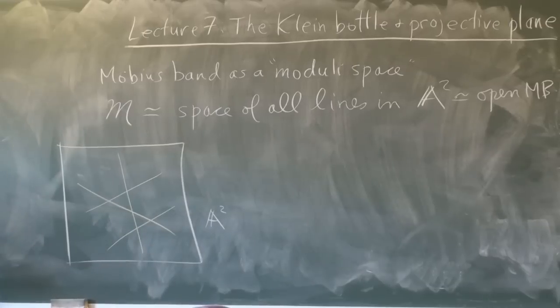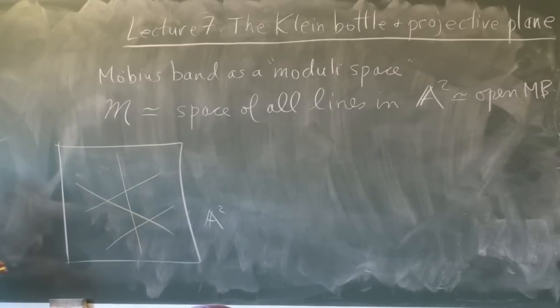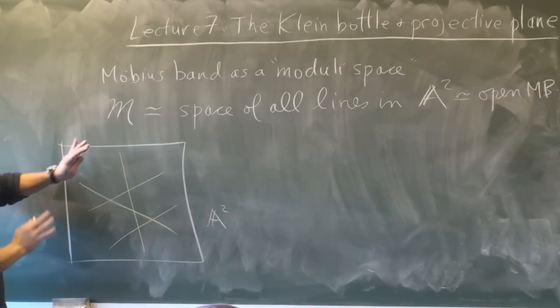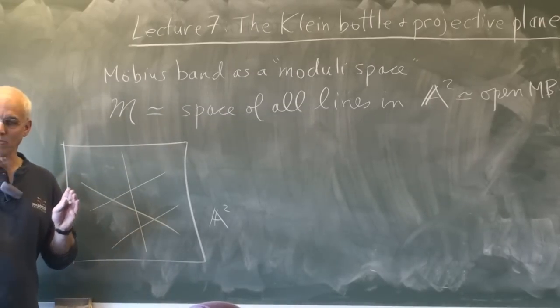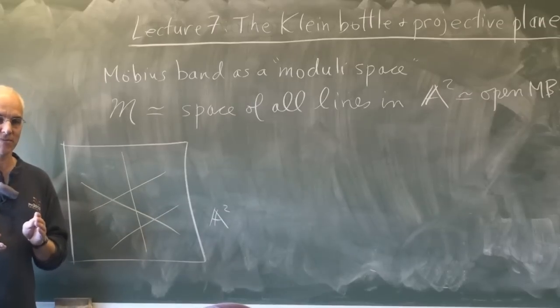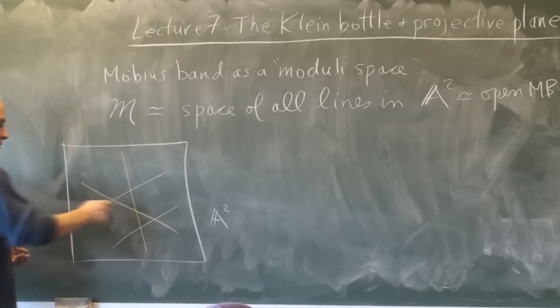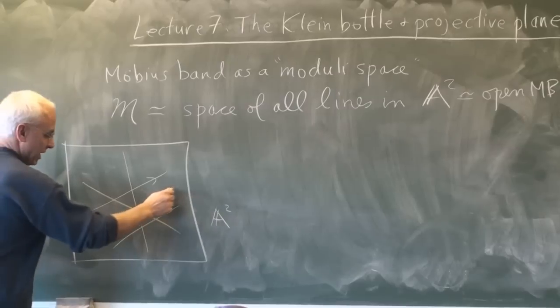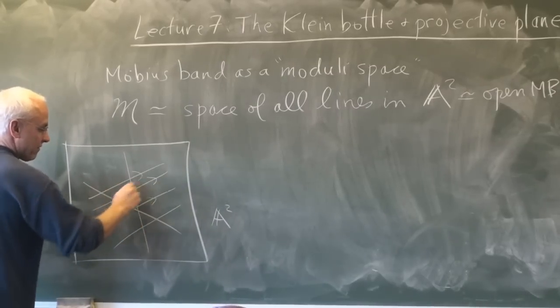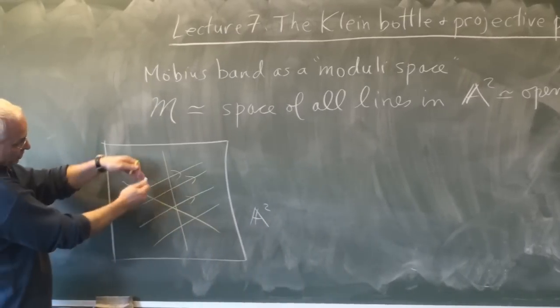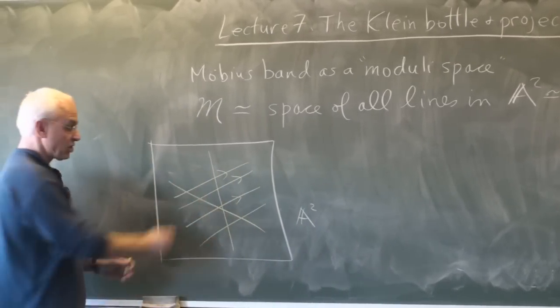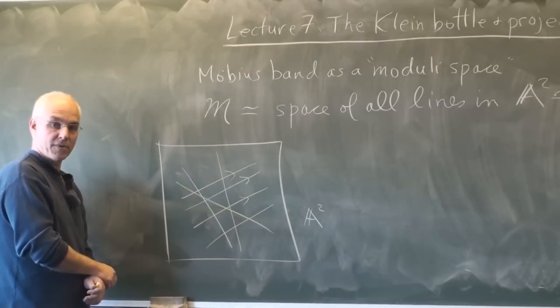If you have any line in space and we want to classify them, one natural way is to group them together in terms of their directions. If we choose this particular direction, there's going to be a family of parallel lines in the same direction, and the parameterization of all those parallel lines is just a line itself.